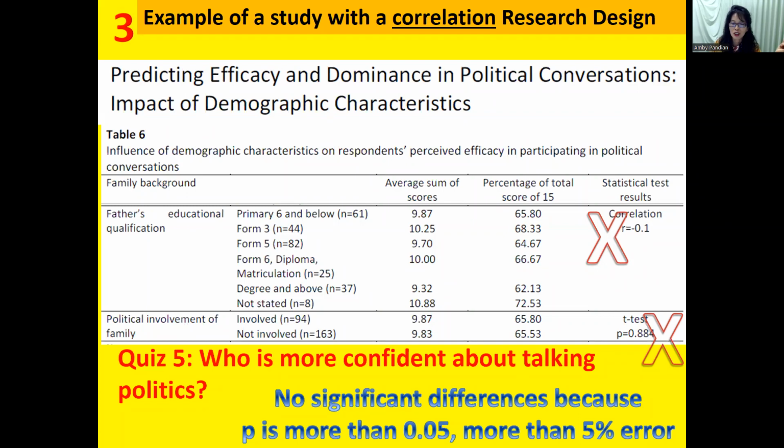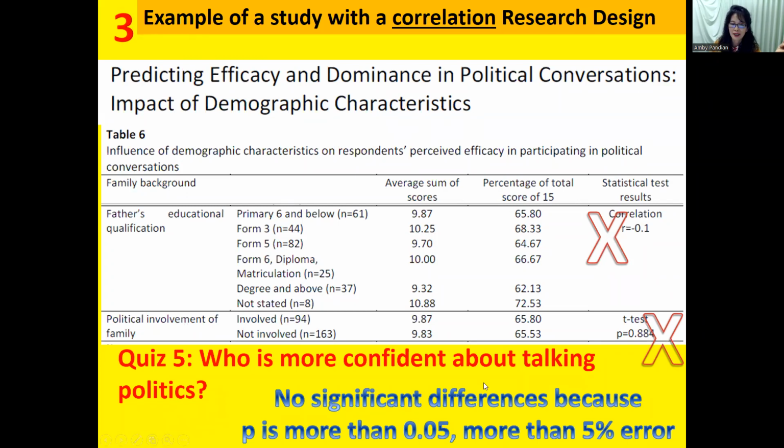There is no relationship between confidence in talking politics and father's educational qualification, and also family involvement in politics. Why father's educational qualification? We use this as a proxy or indicator of the socio-economic status of the family. Okay, not connected.